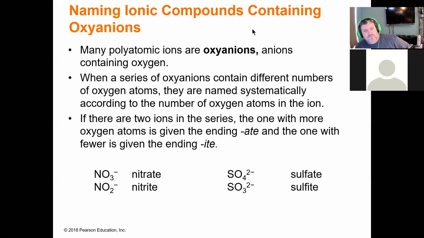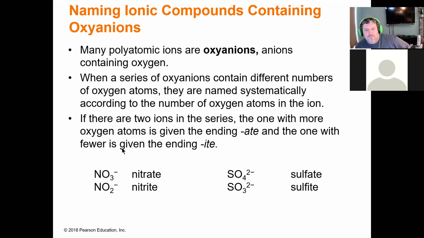So with the polyatomic ions, you may start to see that there is a pattern based off of the number of oxygens. A lot of compounds contain what are called oxyanions. These are polyatomic ions that contain oxygens, and they usually are named in a series. That series is based off of the number of oxygens.